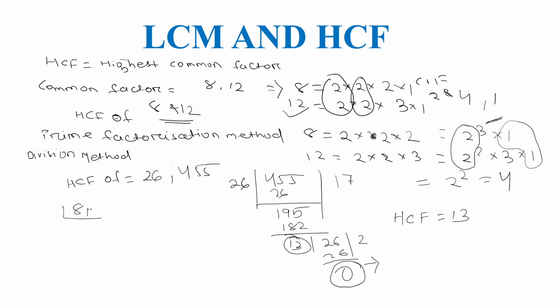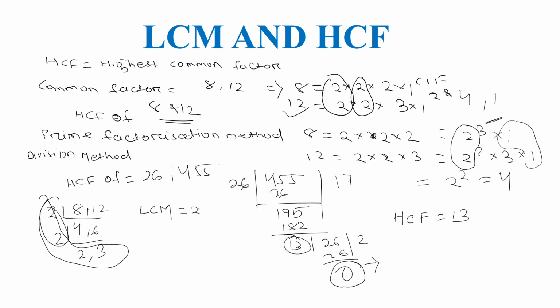Let us take 8 and 12. We'll find the HCF and LCM in this method. So 2, 4, 6, 2, 2, 3. So HCF will be 4 and LCM will be this much. LCM will be what? This is the easiest method, we can say.